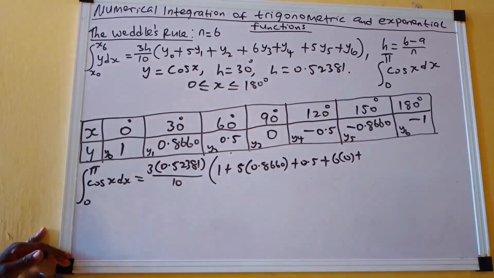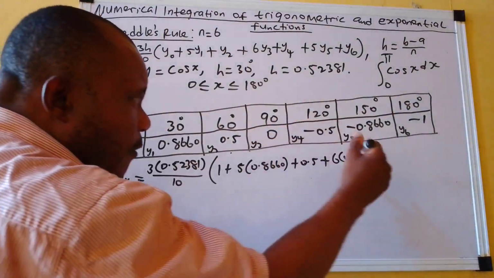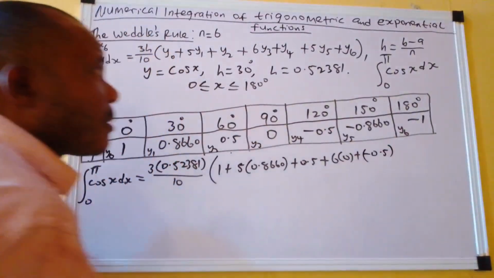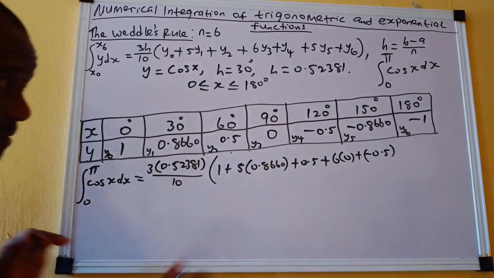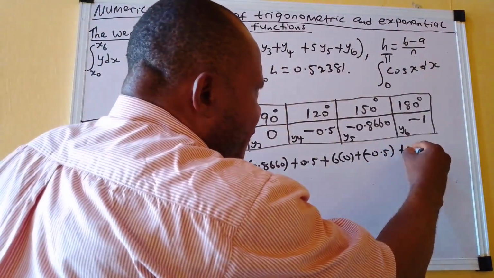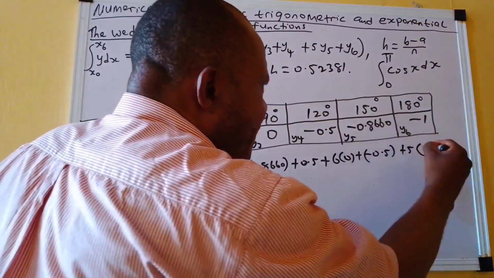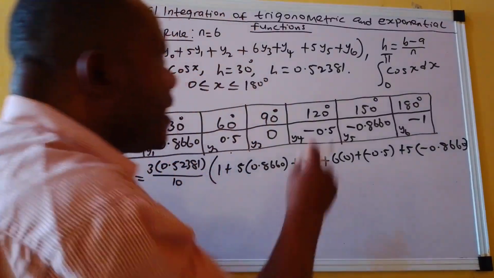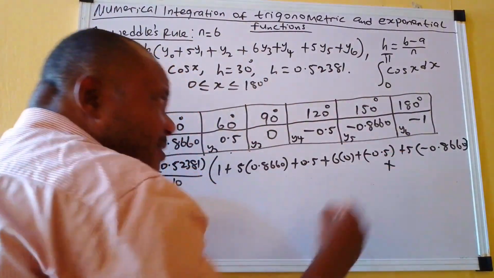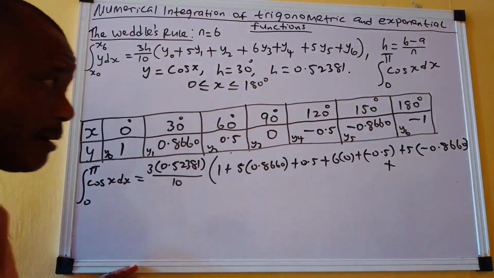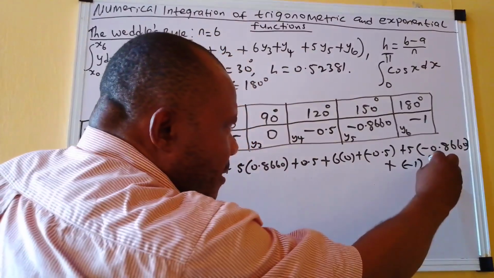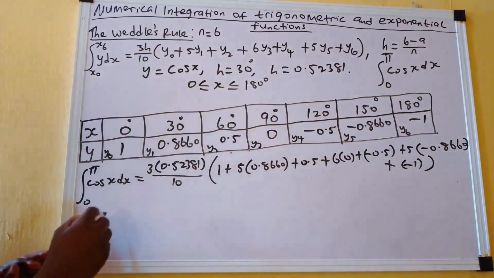Plus y4, our y4 is minus 0.5. Then plus 5y5, y5 is minus 0.8660. Then plus y6, our y6 is minus 1. Then you cover the entire bracket.